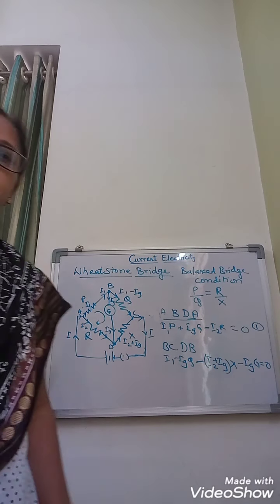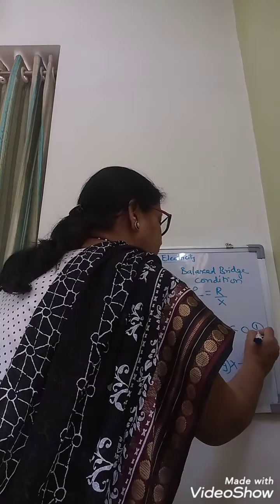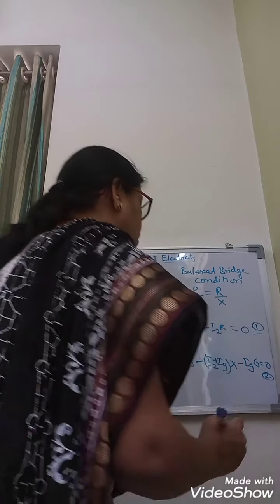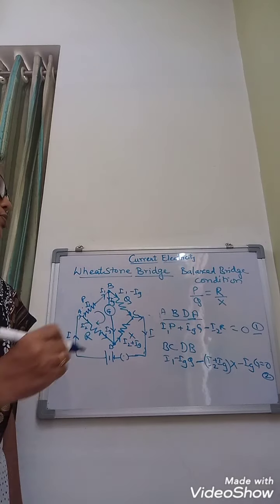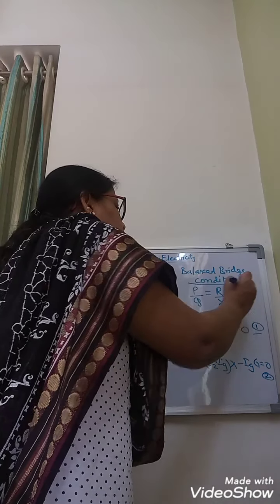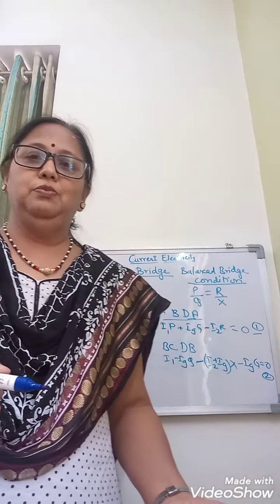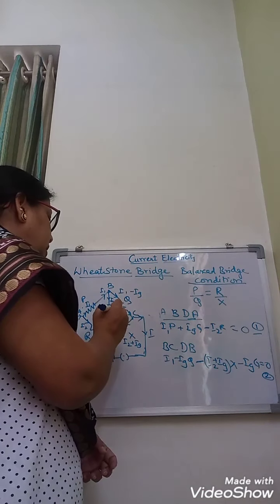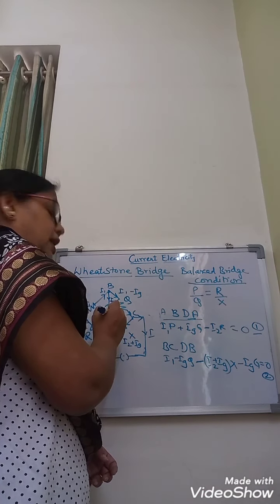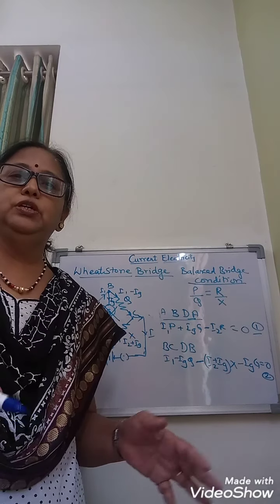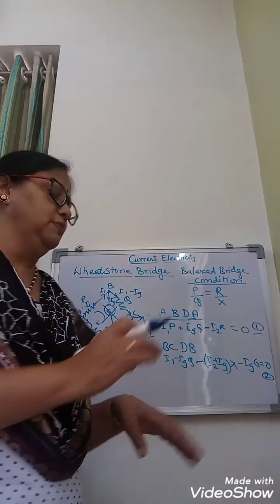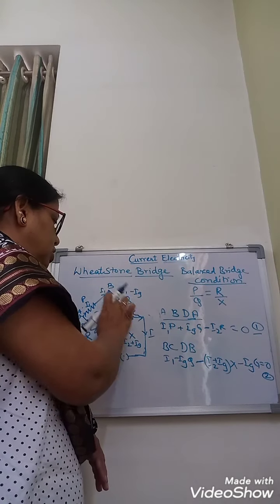Now you can see these two equations. We have called this 1 and this 2. In these two equations, we have to use the balanced bridge condition. What will happen when the bridge is balanced? When the bridge is balanced, no current flows in this branch. So it is as if this resistance becomes 0. It is as if it is not existing because the points are at the same potential.